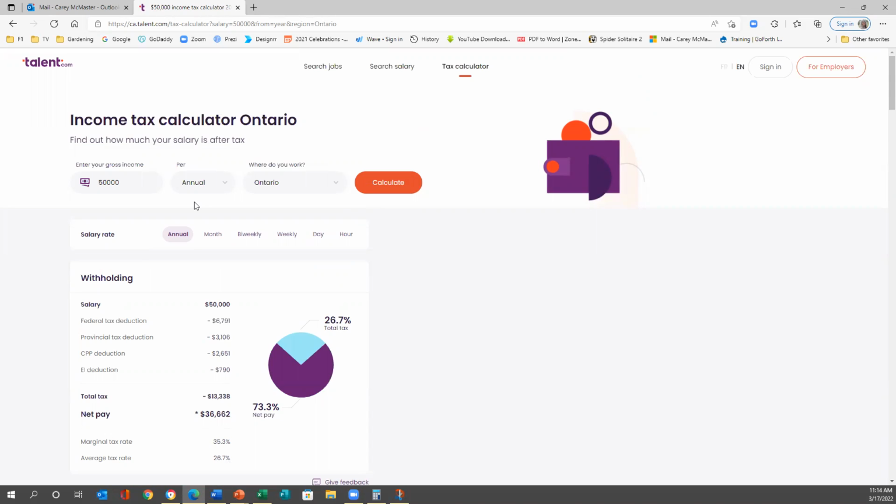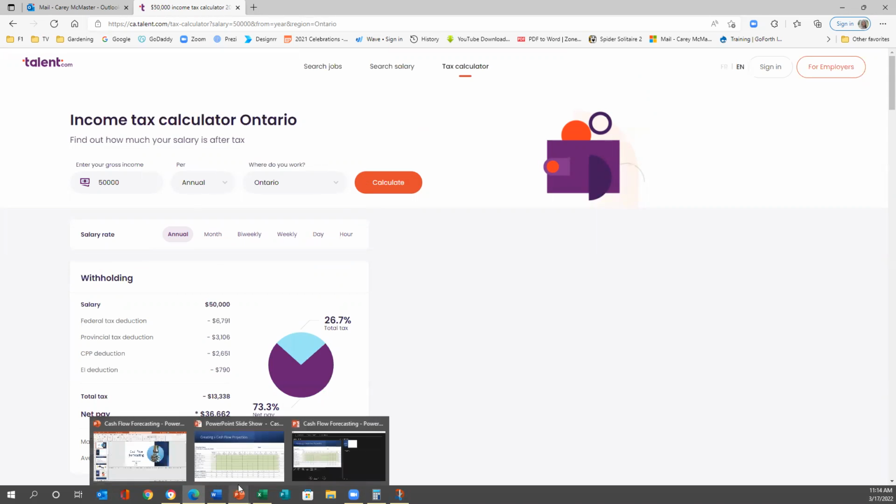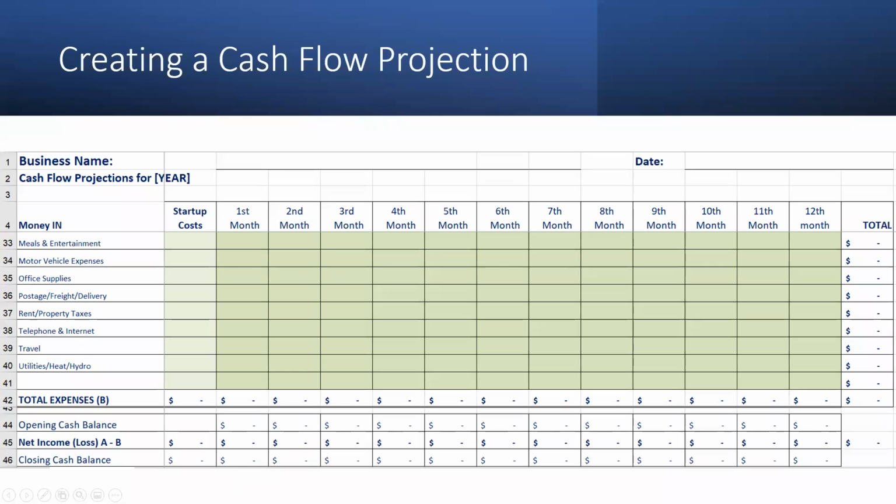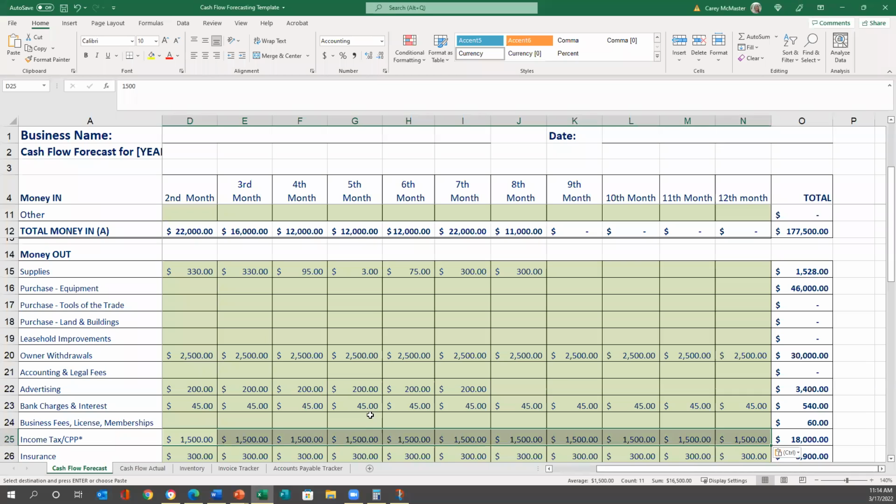So I always try to put the income tax and the CPP that I need to pay at the end of the year in my cash flow, and I also keep it in a separate account. When I'm opening a business account for my business, I have my current account or my commercial account, and then I link a savings account to it.